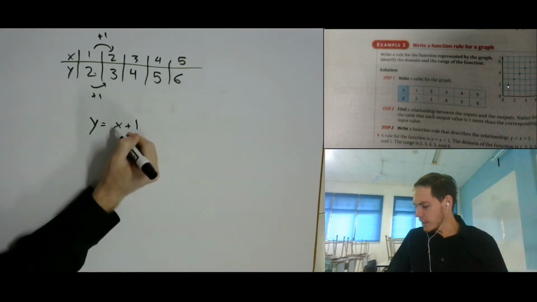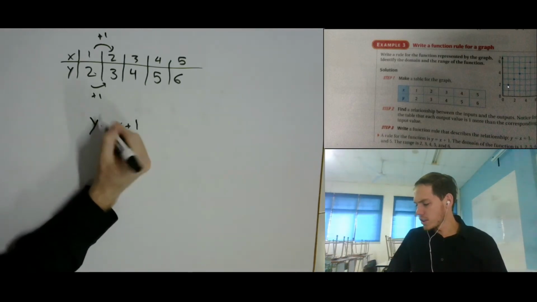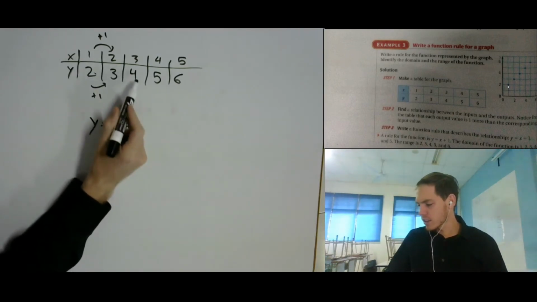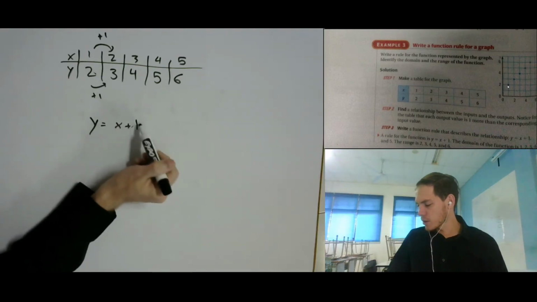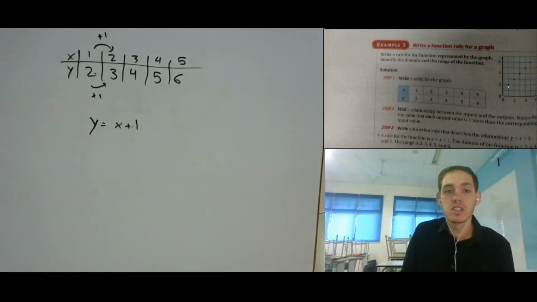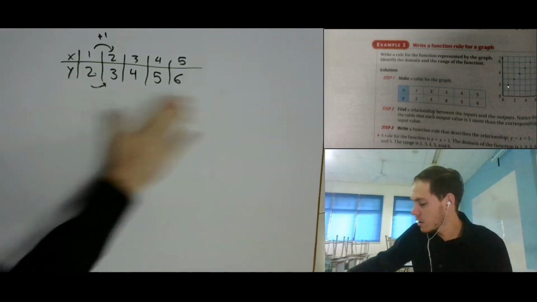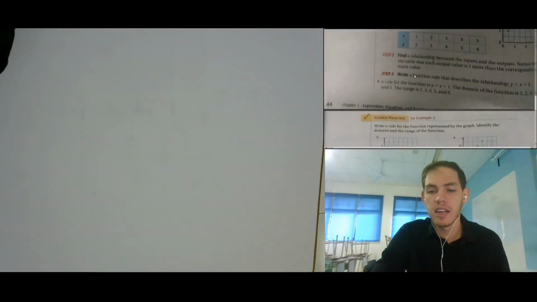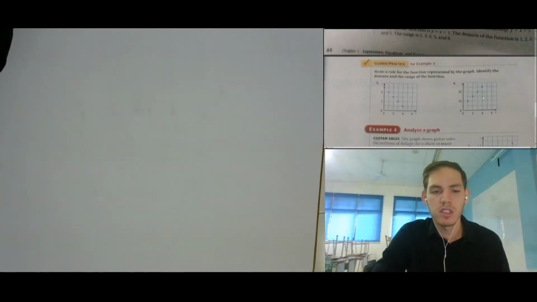Plug in 1 here. 1 plus 1, 2. That's correct. Plug in 3. 3 plus 1, 4. That's correct. Plug in 5. 5 plus 1, 6. That's correct. Okay, so it worked for all the points. Okay, in fact, that is our equation.